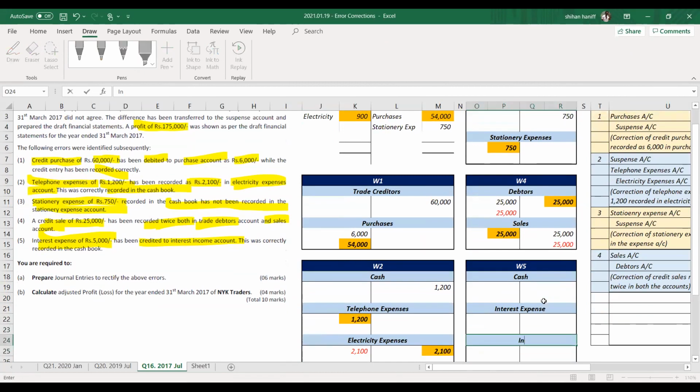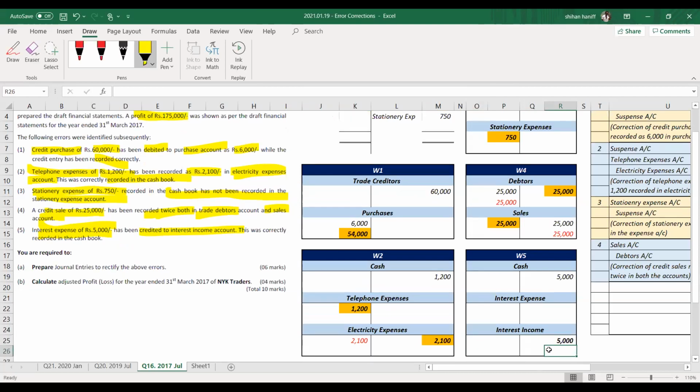And this was credited to interest income account. Cash is correct, 5,000. This was credited to interest income account as 5,000.